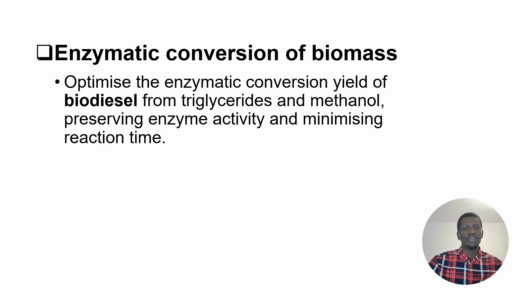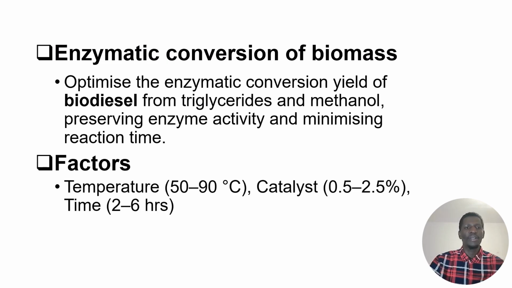So here the factors have already indirectly been given, which is the temperature, the catalyst, and the reaction time. So what you have to ask yourself to set the limits is at what temperature can the reaction be initiated. What is the highest temperature that if the reaction goes beyond it, the catalyst will be destroyed?